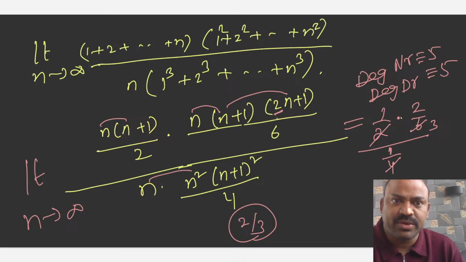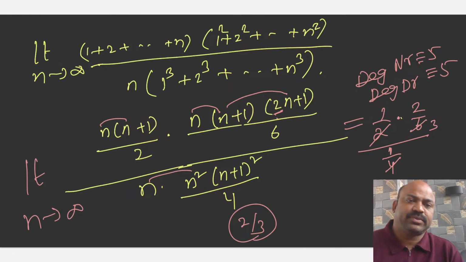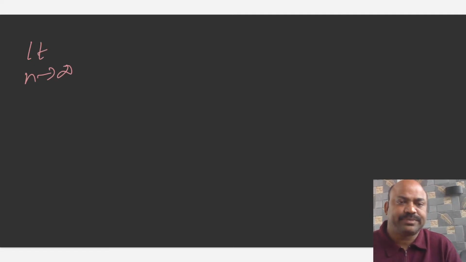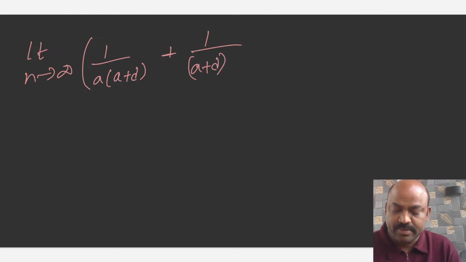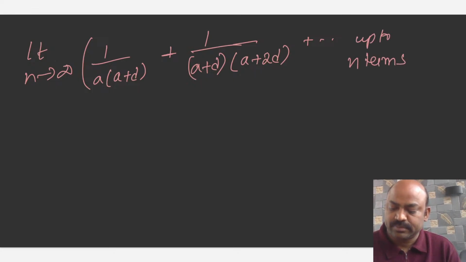Right. Now I am giving you one very beautiful question and give me the answer. Limit n tends to infinity of 1 by a into a plus d plus ... up to n terms is dash.